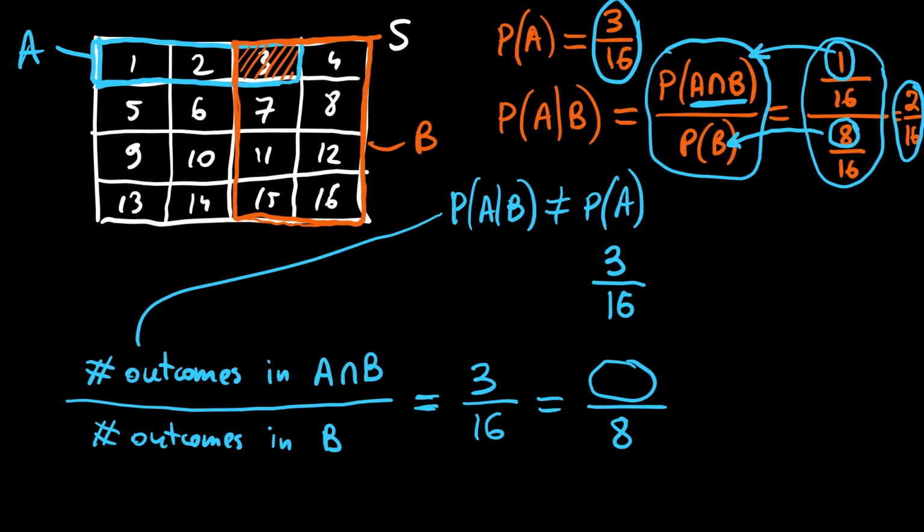We cannot have a non-integer number of outcomes in A intersection B. So that's just a hand-wavy, more intuitive explanation of why there is no set B such that the probability of A given B is equal to the probability of A.